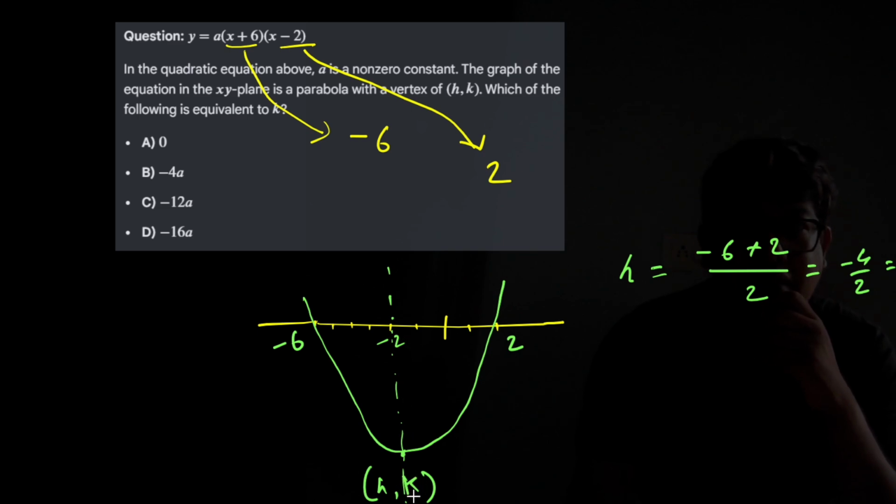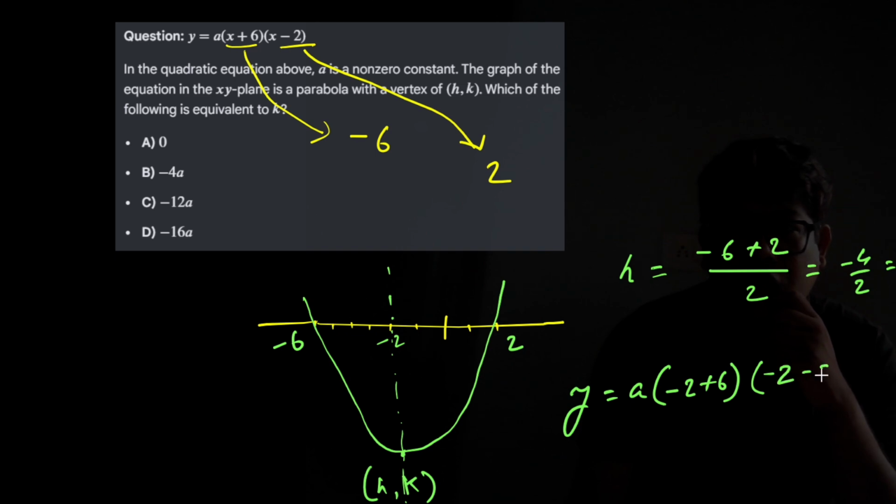Now to find k, we can put the value of h in the equation given here. So in this case, y is equal to a, instead of x, let me write minus 2 plus 6 multiplied with, again instead of x, I'm going to write minus 2 minus 2.